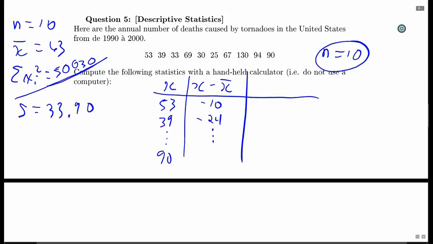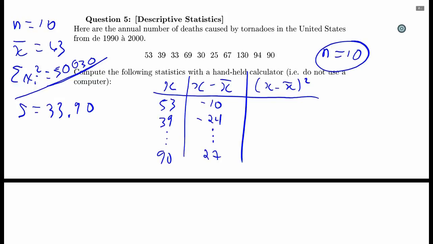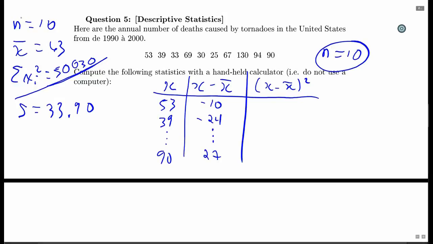And then we'll be interested in the squared deviations. This will be a measure of distance. So how far is 53 from the mean in terms of squared deviations? I square minus 10, so I get 100. I square minus 24, I get 576, and I do this for each value. 27 squared is 729.